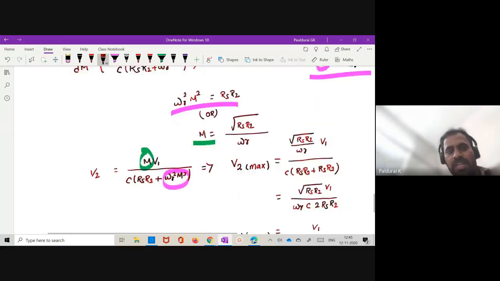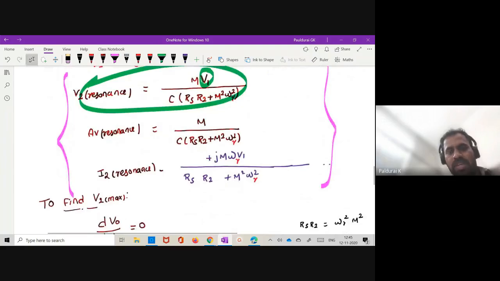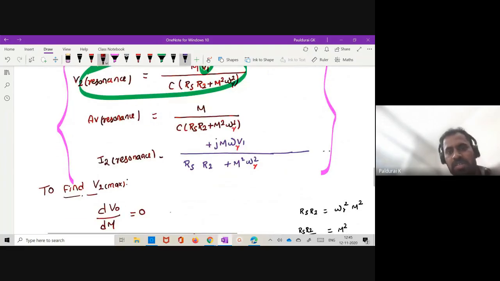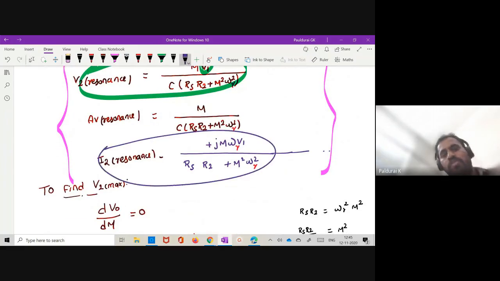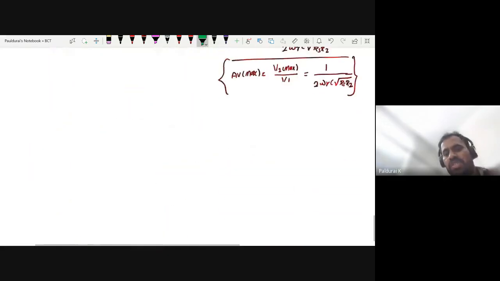What is the value for I2? This is my I2 at resonance. Take this formula and substitute here also: replace this M squared omega R squared by Rs R2, and replace this M by square root of Rs R2 divided by omega R, and you can find the I2 maximum value.